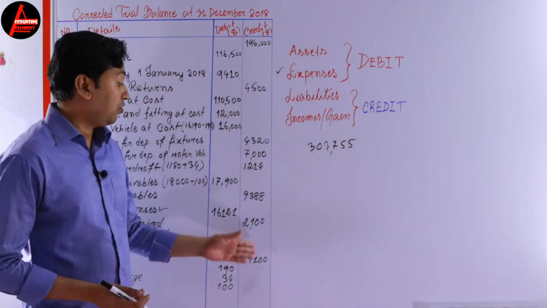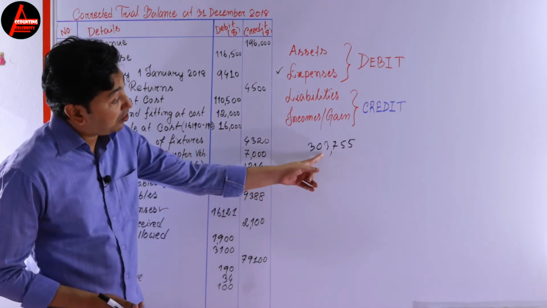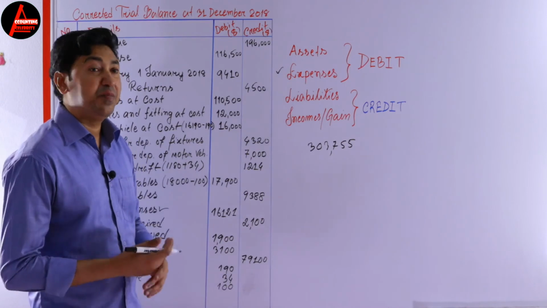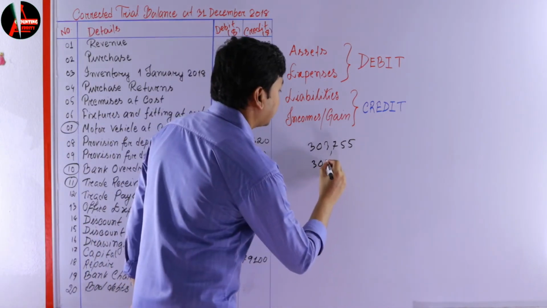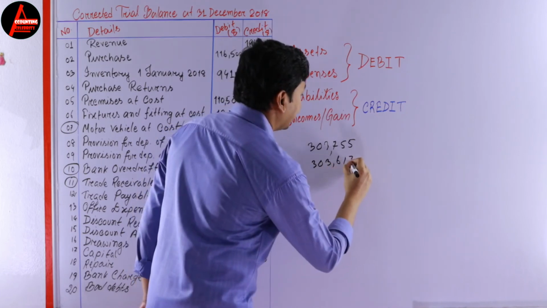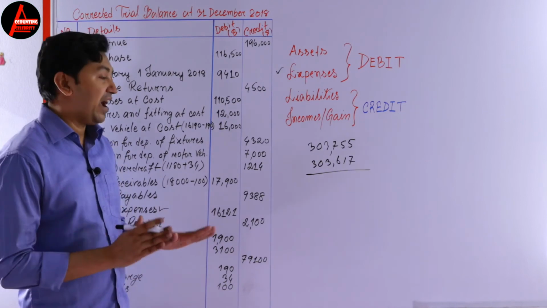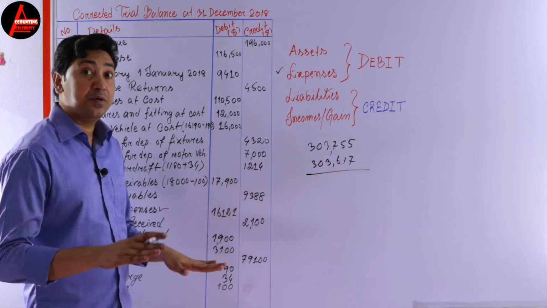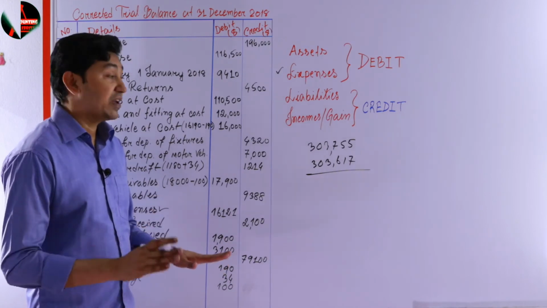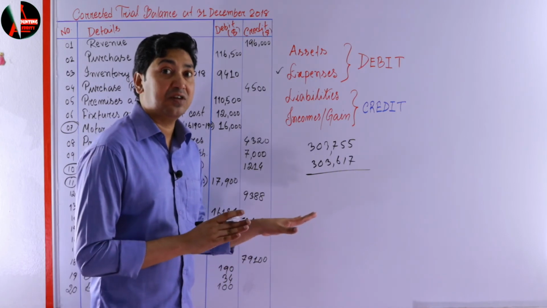Okay, so now if we add this credit column, it is supposed to be the same value, 303,755, but if we calculate, we get $303,617. So we added everything, we wrote all the items correctly, we have made adjustment for these 3 errors, but still we get a mistake. Still our trial balance is not balancing.